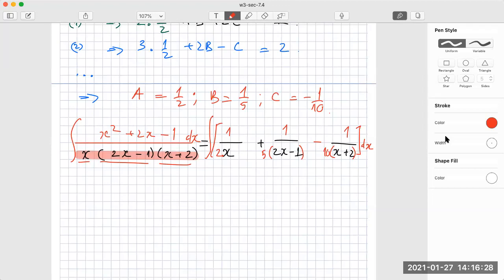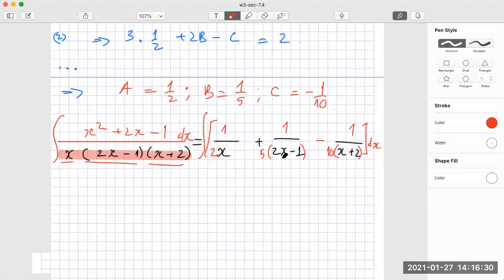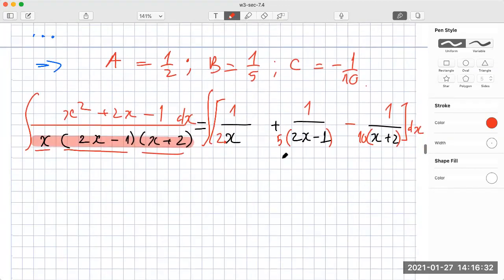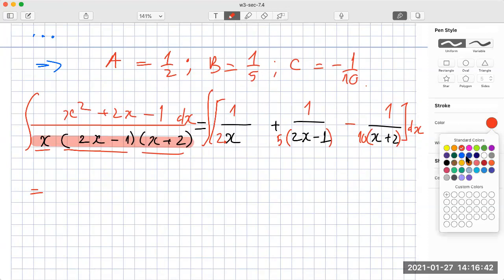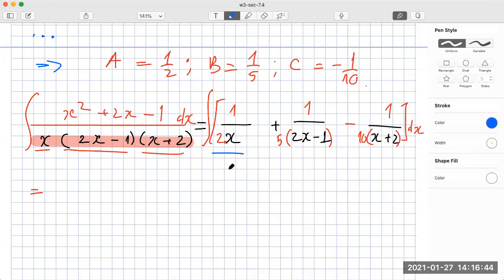Now it becomes sums of simple integrals, right? The first one gives us, what is it? The number 1/2 is fine. Integral of 1/x will be, what is it?